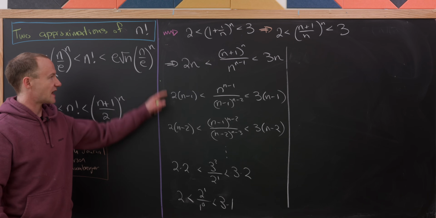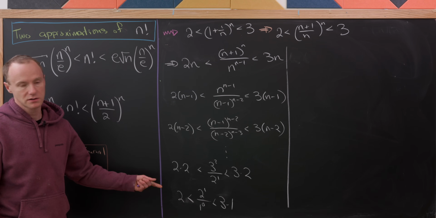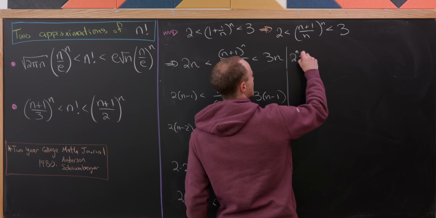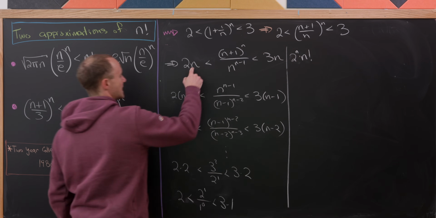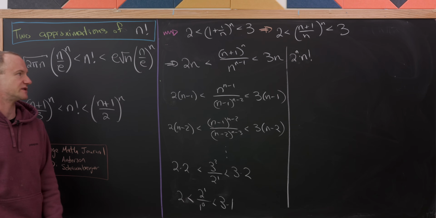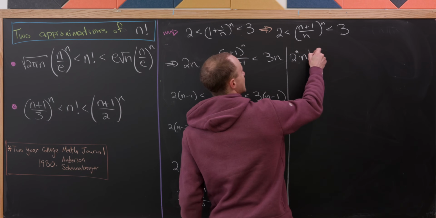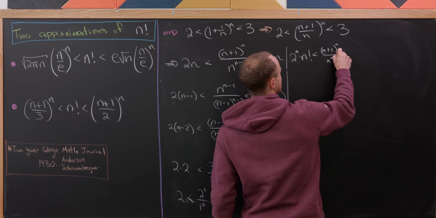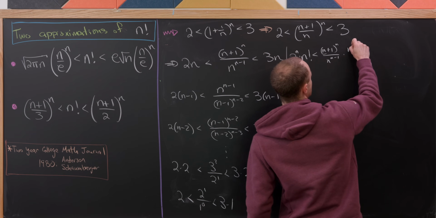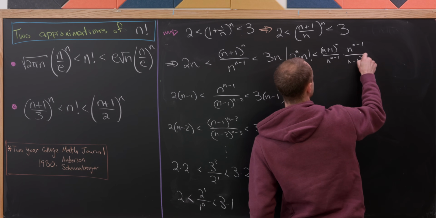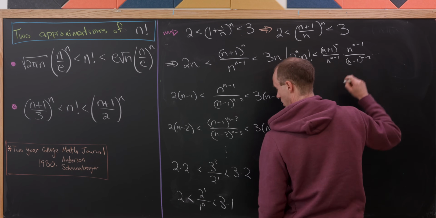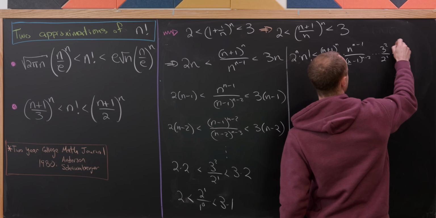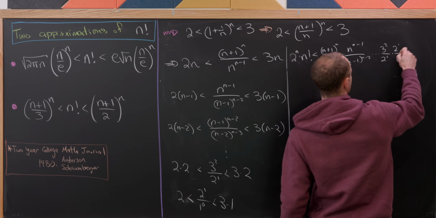So on the left-hand side, we'll have 2 to the n power. So that's from all of these 2's. So 2 to the n power times n factorial. That's from the n times n minus 1 times n minus 2 and so on and so forth. And then in the middle, we're going to have (n plus 1) to the n over n to the n minus 1 times n to the n minus 1 over (n minus 1) to the n minus 2, all the way down to 3 squared over 2 to the first times 2 to the first over 1 to the 0.